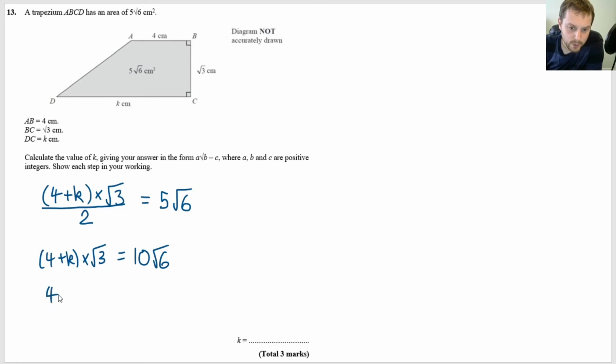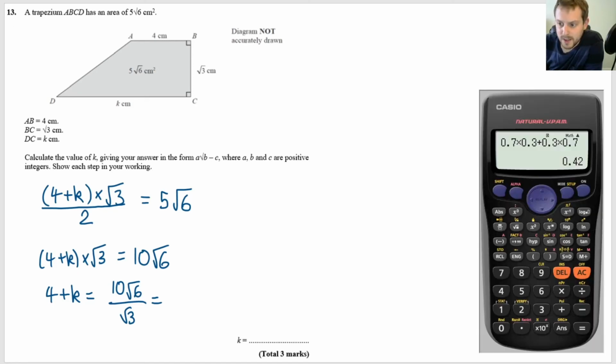So what's 4 plus k then? Well, it's whatever 10 root 6 divided by root 3 is. Let's work that out on the calculator, because it's a calculator paper. So 10 root 6 over root 3. I actually think this question looks a lot harder than it is. So this is 10 root 2.